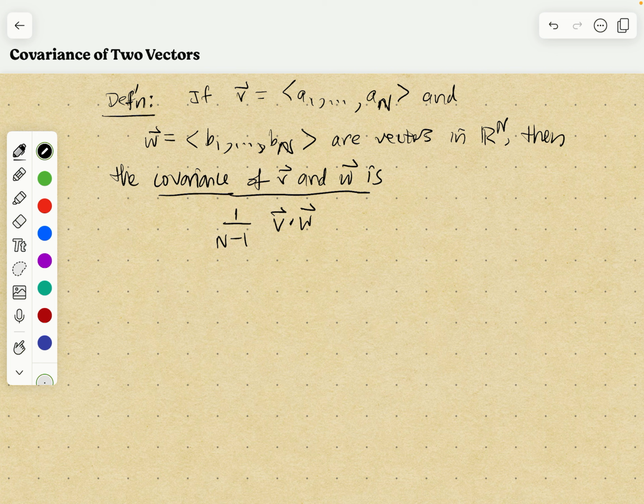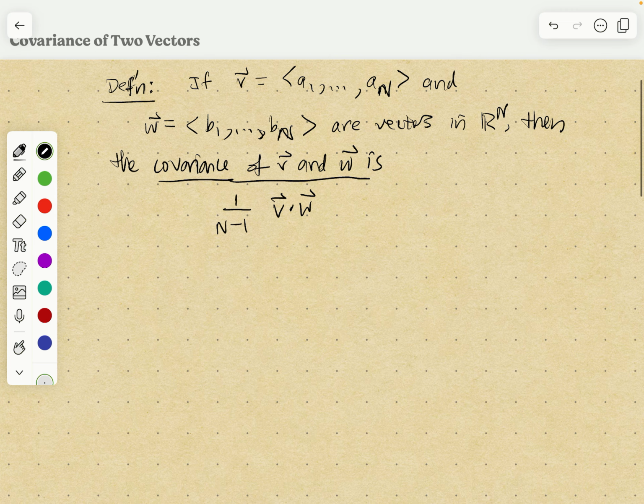So it's almost a dot product, just scaled by 1 over n minus 1. The reason for the 1 over n minus 1 has to do with statistics, and we're not going to worry too much about that. The point is that it's pretty much the dot product.